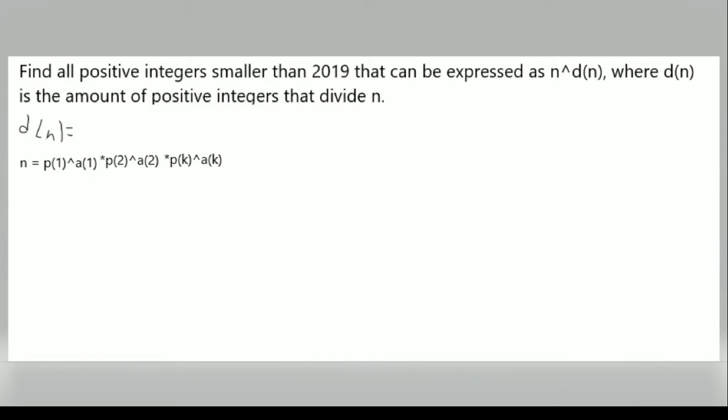So basically, to get the number of divisors of n, we just multiply a1 plus 1, by a2 plus 1, sorry, by a3 plus 1, and so on until ak plus 1.